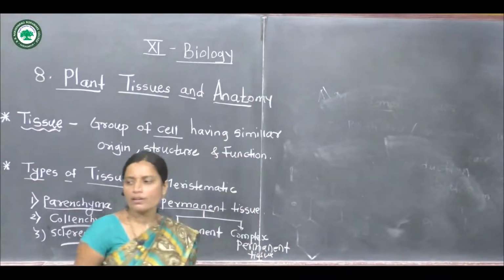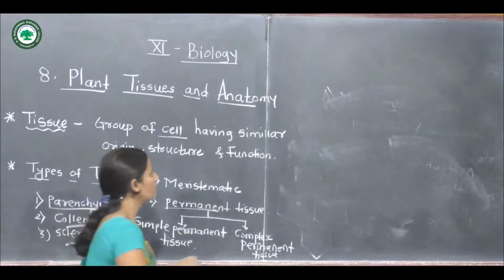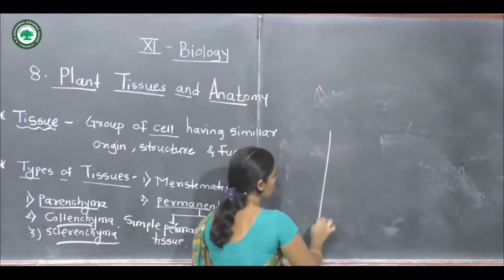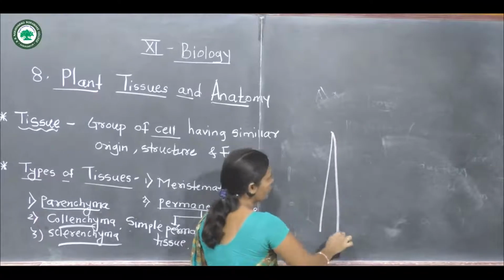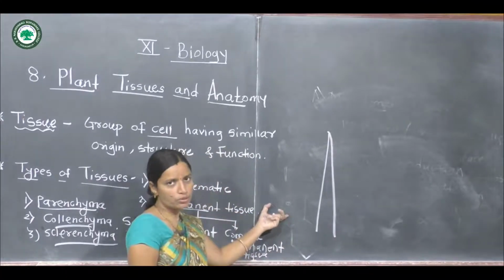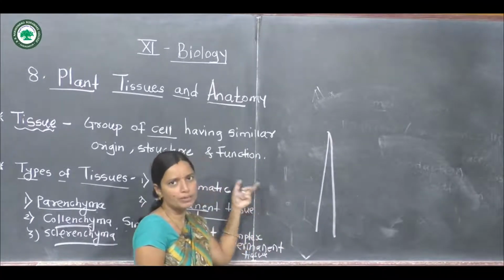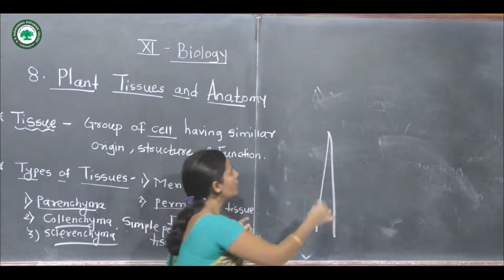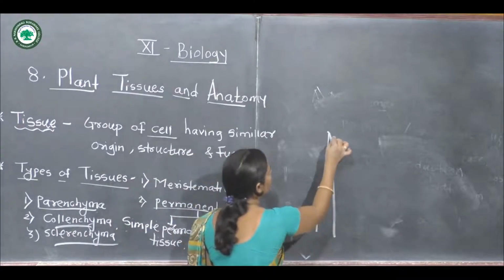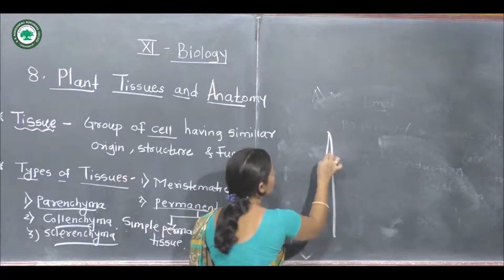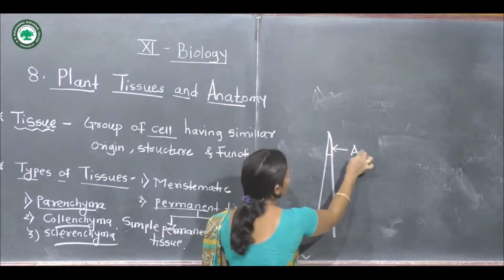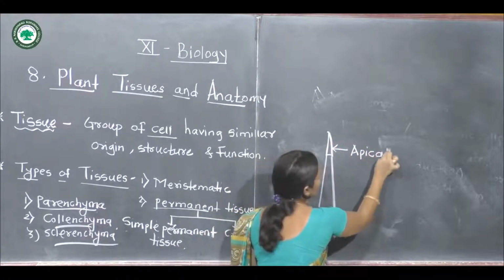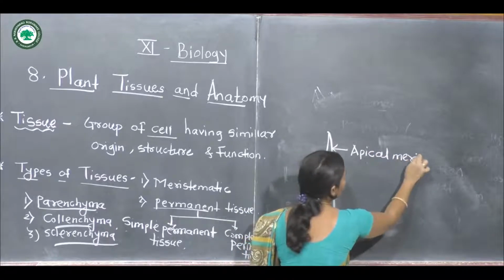Now the location of the meristematic tissue in the plant body is also found in the tip region. Now this meristem is called the apical meristem.